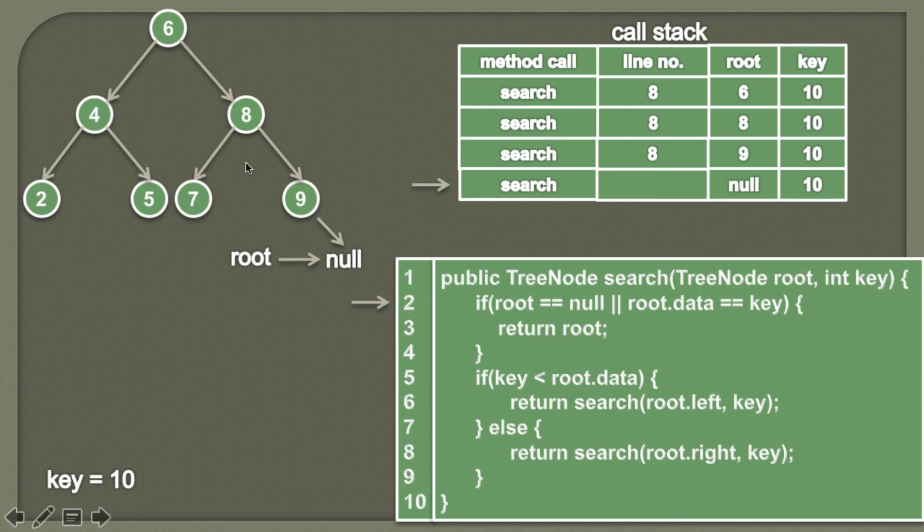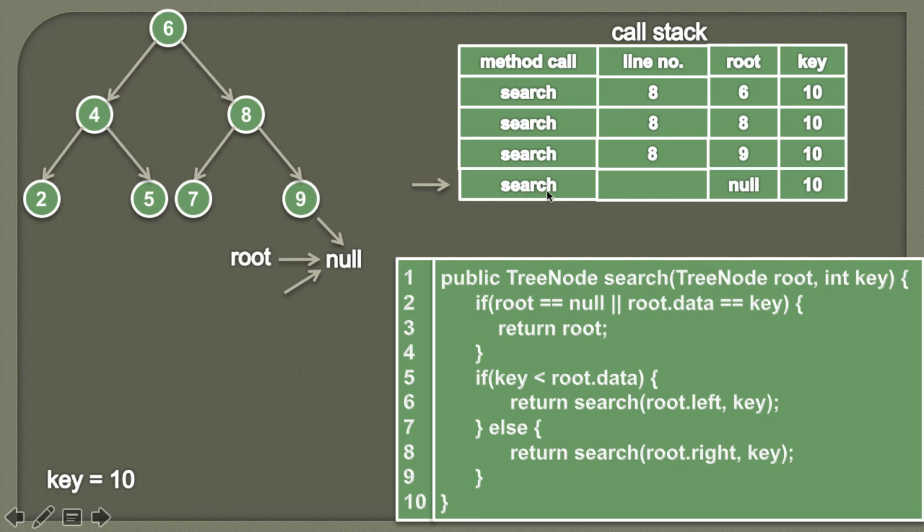So friends, here we know that 10 is not lying into this binary search tree, and also root is pointing to null. Therefore in the if block we'll simply return root, which would be nothing but null. And as we are returning null, it signifies that key was not found into this binary search tree.